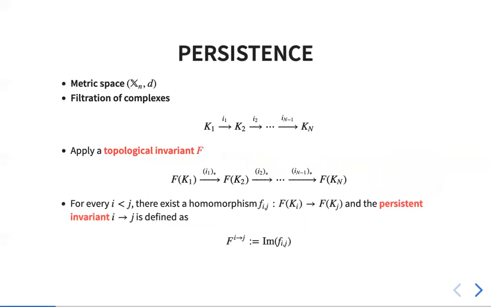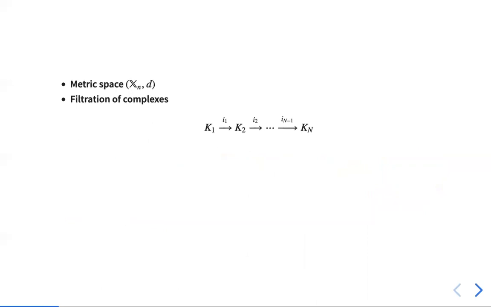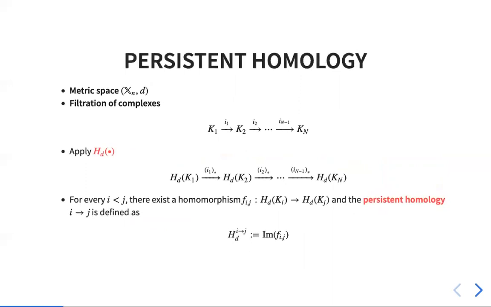So if you look at two different levels, you look at the image of this invariant under the induced morphisms that you have in another level of the filtration. And the most famous and very first example of this pipeline is persistent homology.